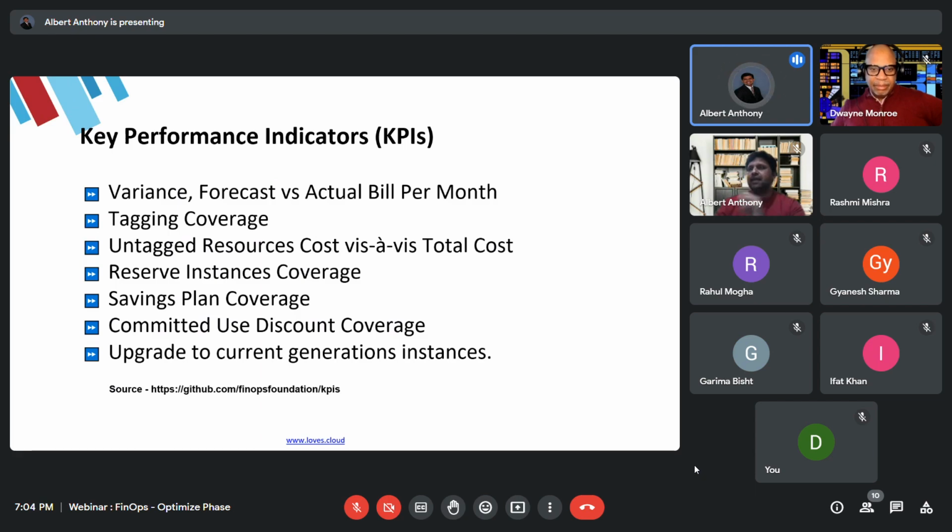And there are a few things which I really want to talk about. So tagging, for example, and for some reason, tagging is not taken very seriously. To be very honest, what is your experience and recommendation for tagging?